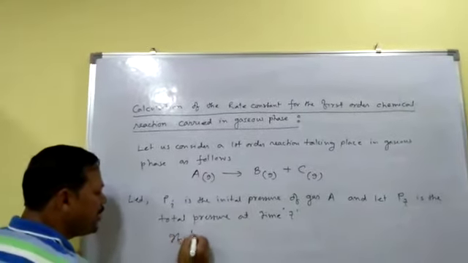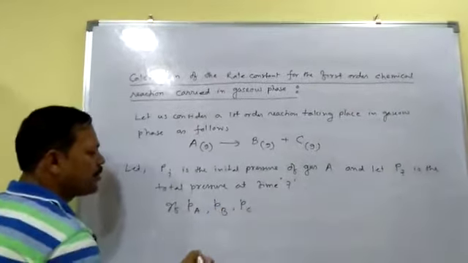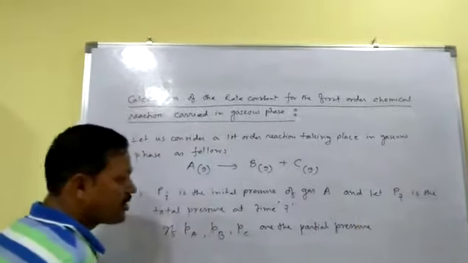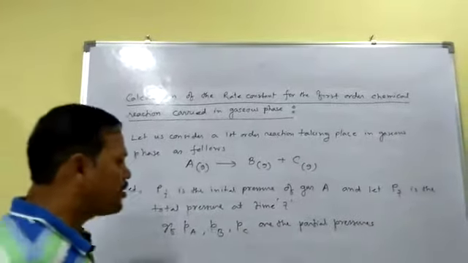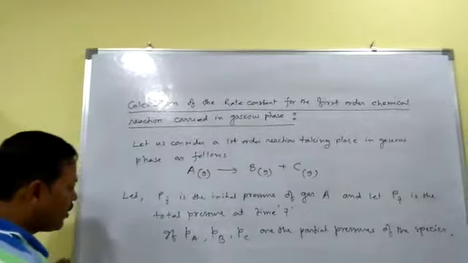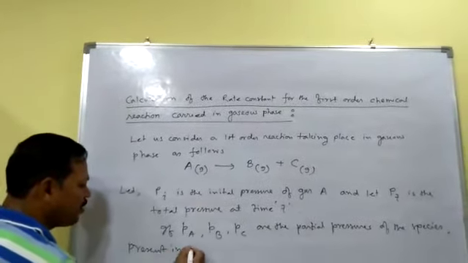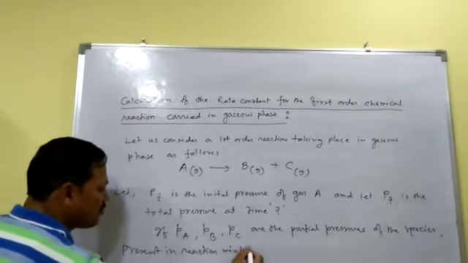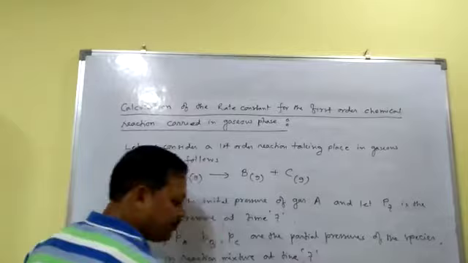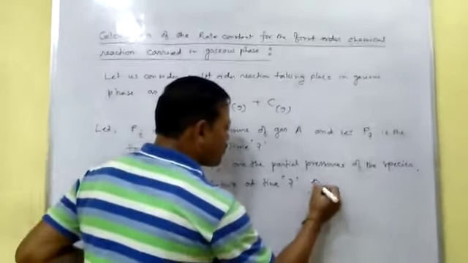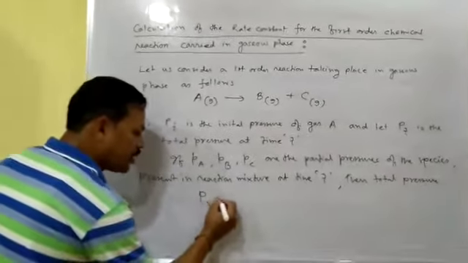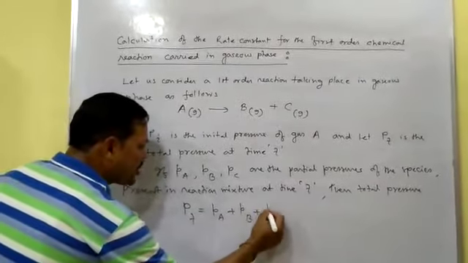If Pa, Pb, Pc are the partial pressures, you know, partial pressures means the individual pressures, of the gases present in the reaction mixture at time t, then the total pressure Pt is equal to Pa plus Pb plus Pc, which is according to Dalton's law.